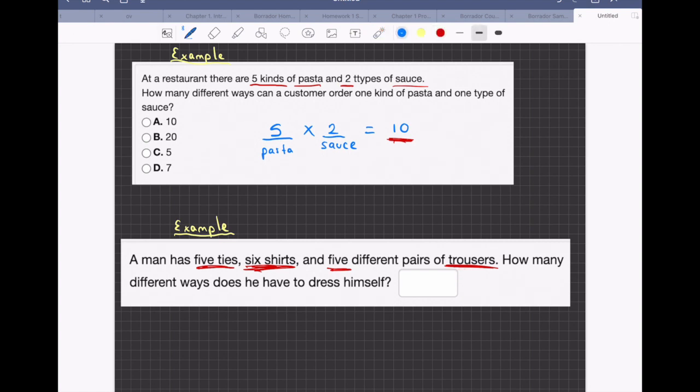Well, in this case, it's going to be only a multiplication. 5 times 6 times 5, and this is equal to 150.